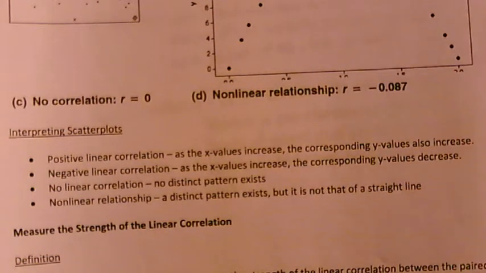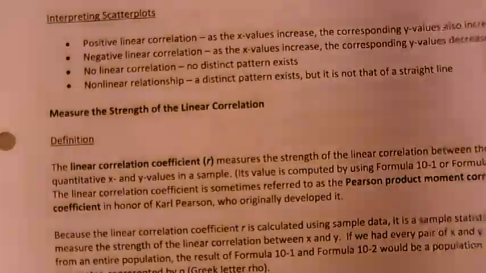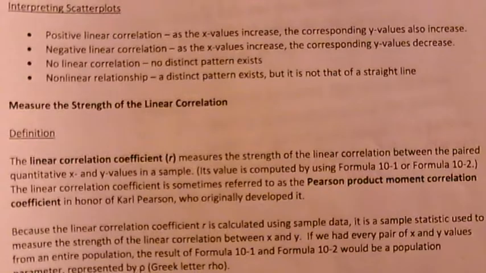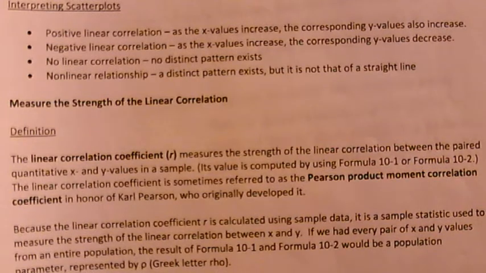Now the next definition I'm going to show you, I'm not going to write it down, but I'll let you see it on the screen. That definition is called a linear correlation coefficient, and it will be denoted by the lowercase r. It measures the strength of the linear correlation between the paired quantitative x and y values in the sample.